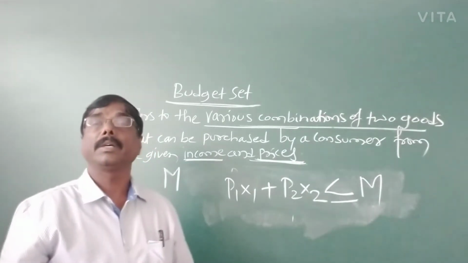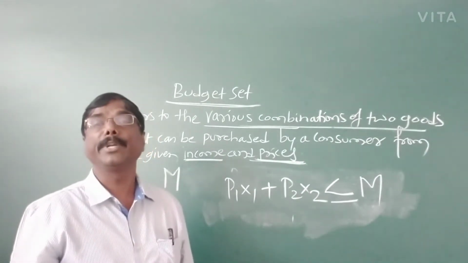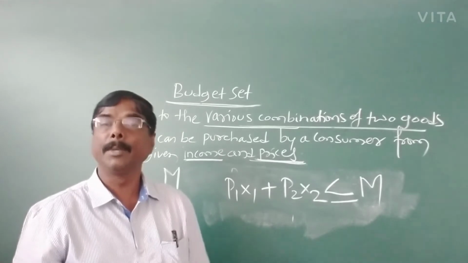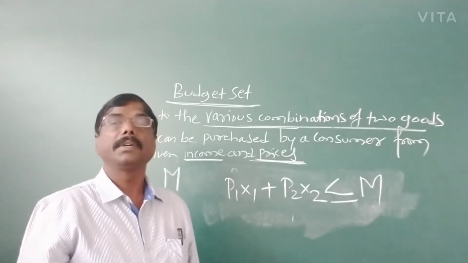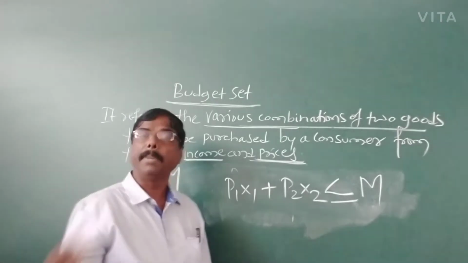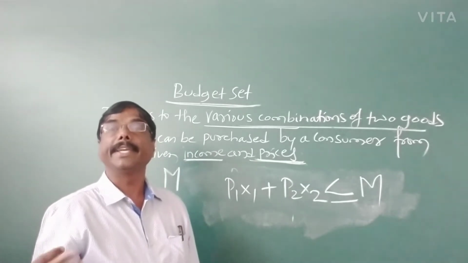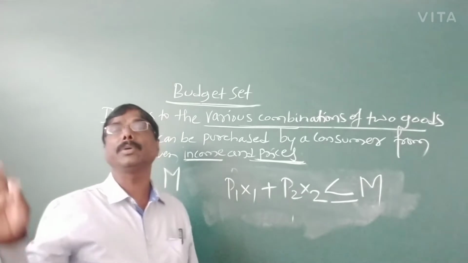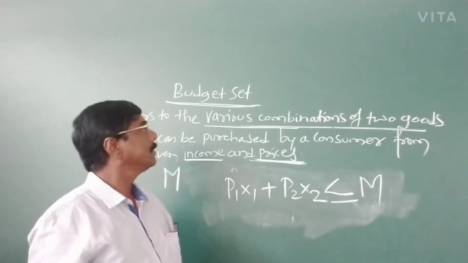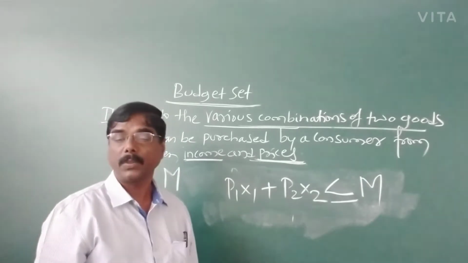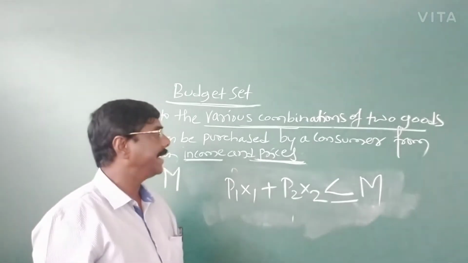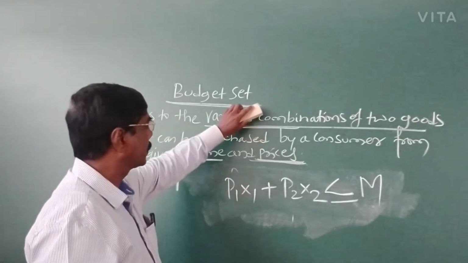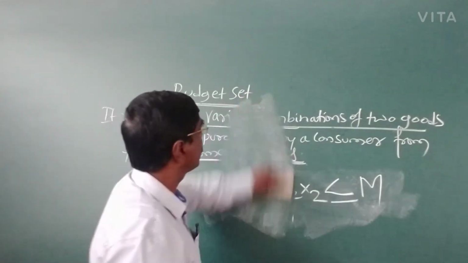There are various combinations available to him. He may buy any combination less than his income or equal to his income. This we can explain with the help of a diagram, so we have to draw a diagram.